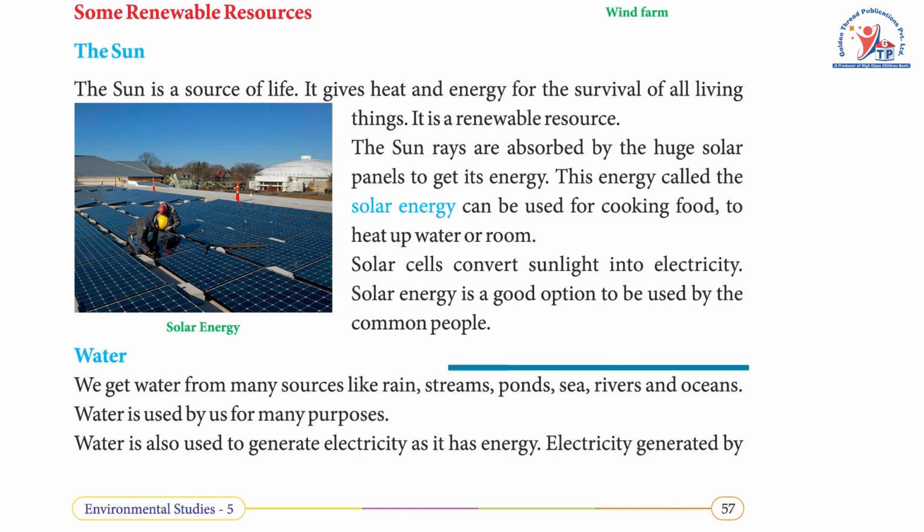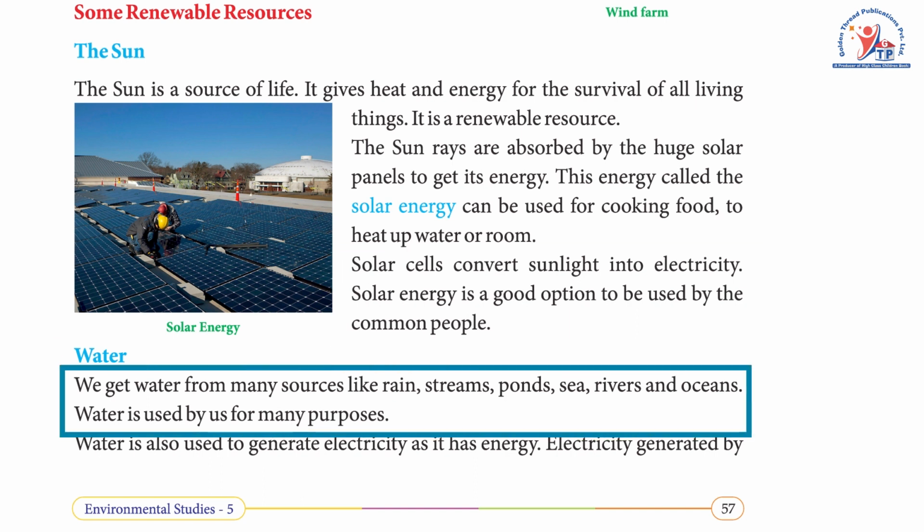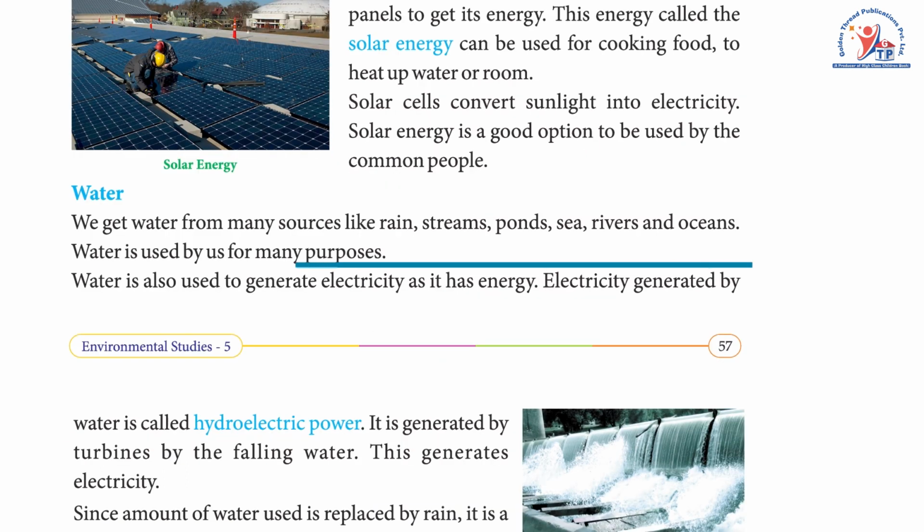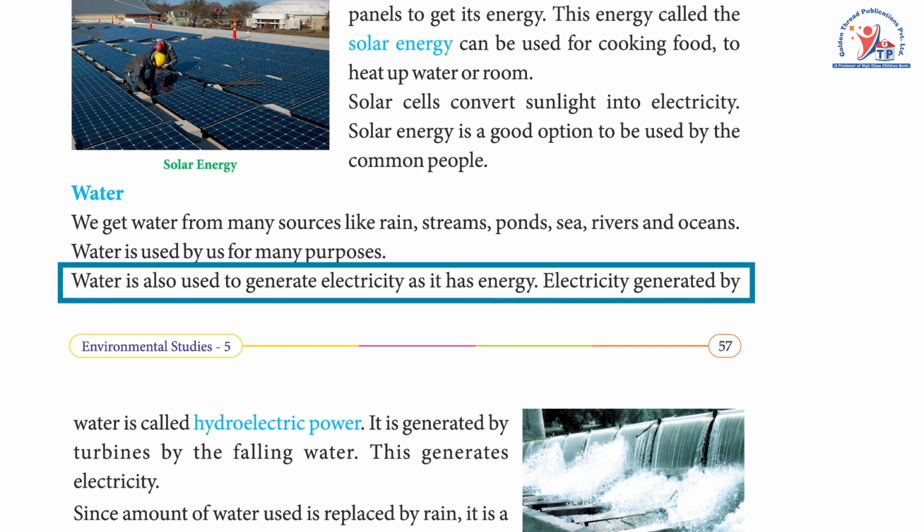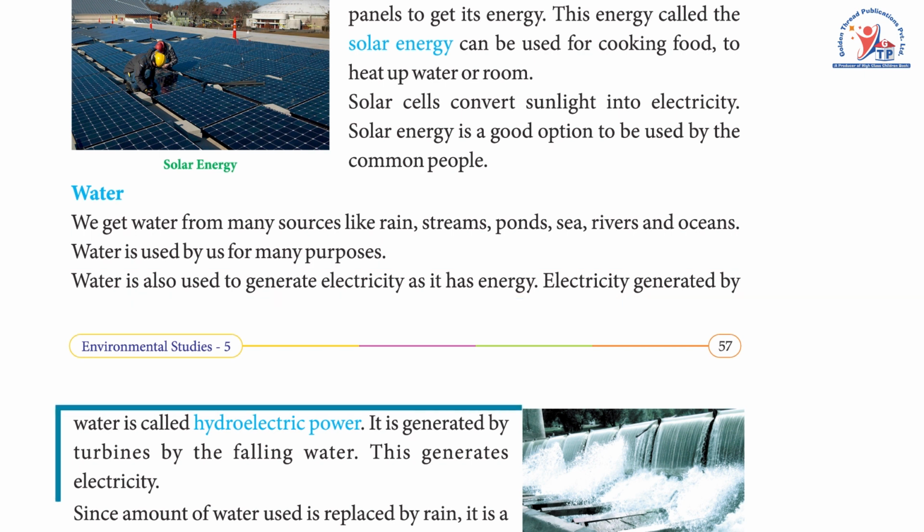Water. We get water from many sources like rain, streams, ponds, sea, rivers, and oceans. Water is used by us for many purposes. Water is also used to generate electricity as it has energy. Electricity generated by water is called hydroelectric power.